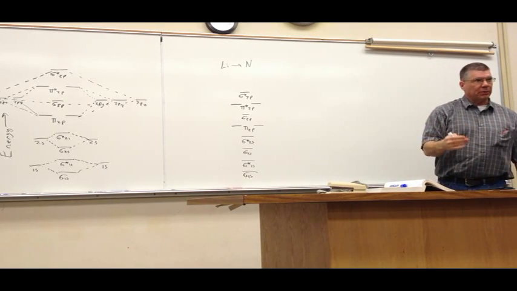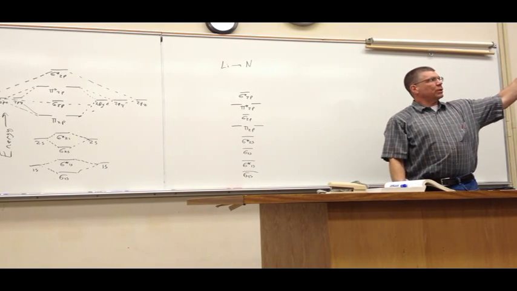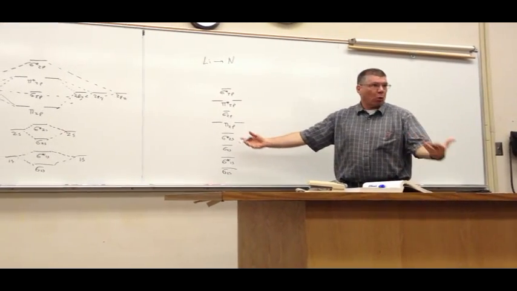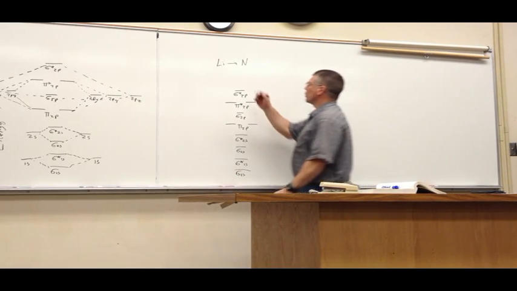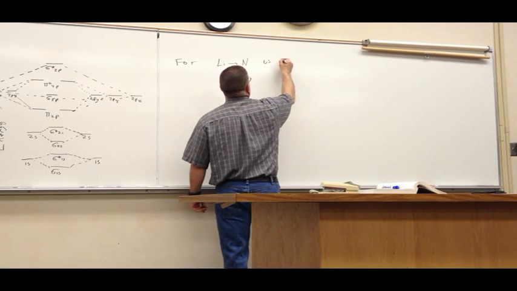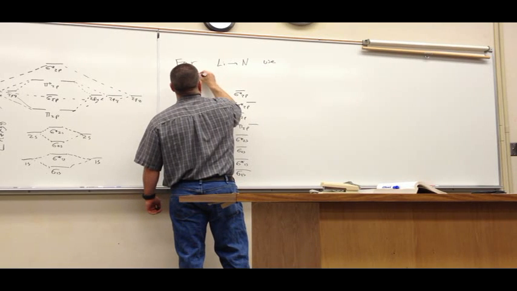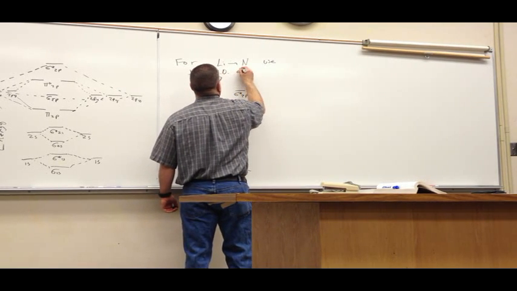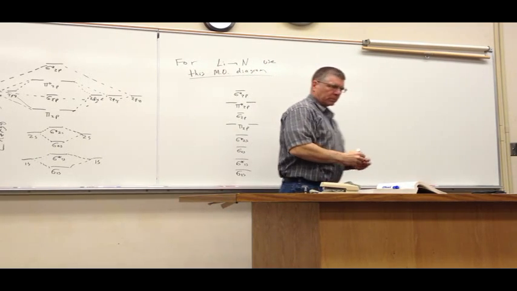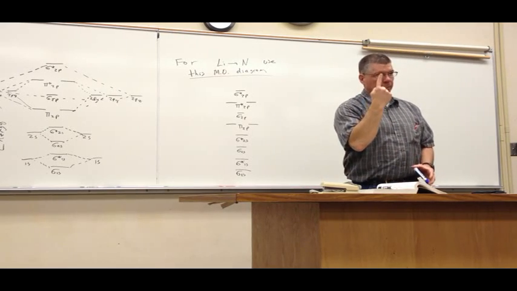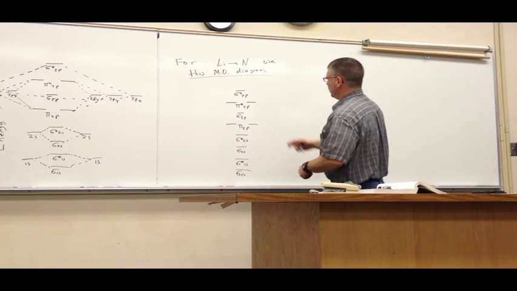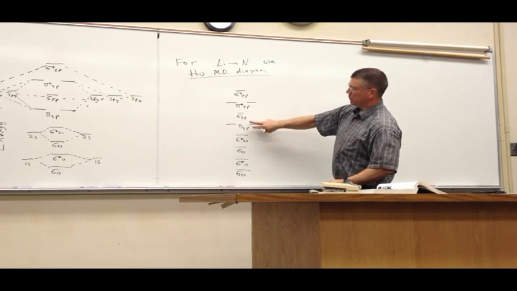If the atoms involved in the molecule are in the second row from lithium through nitrogen, then this is the order of the molecular orbital energy level diagram that you use. If one or more of the atoms is oxygen, fluorine, or neon, then the sigma 2p and the pi 2p switch places.